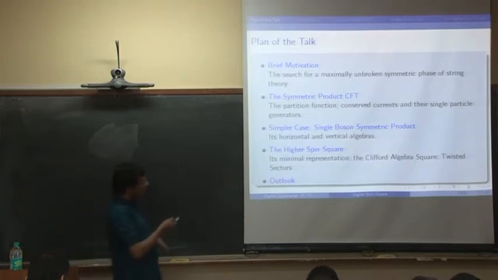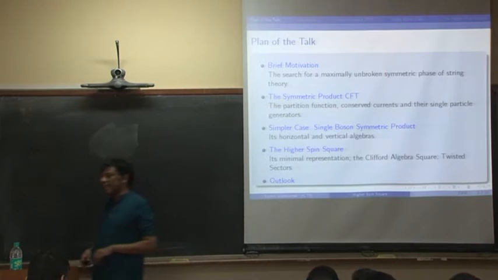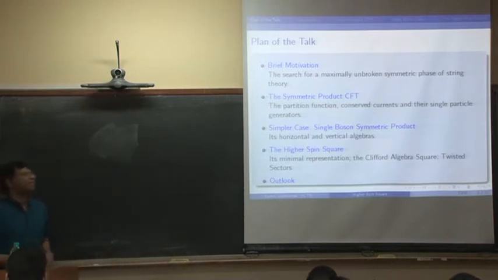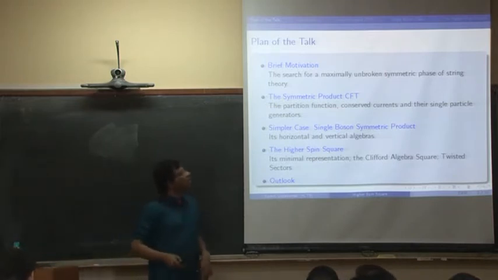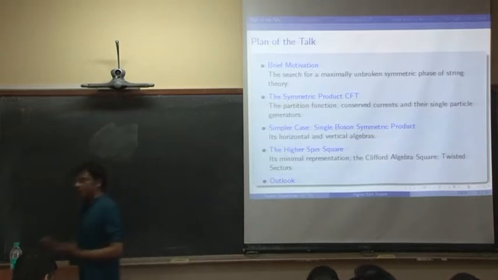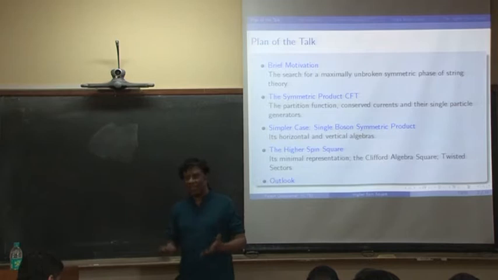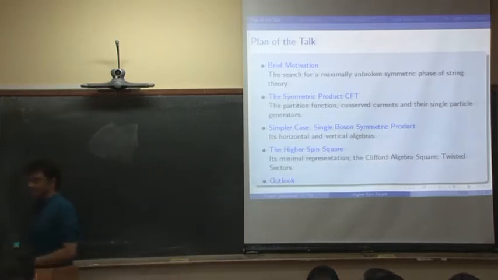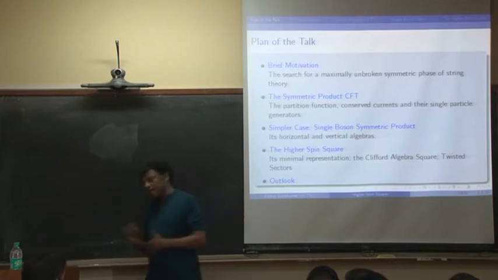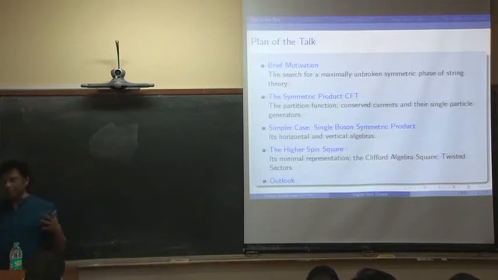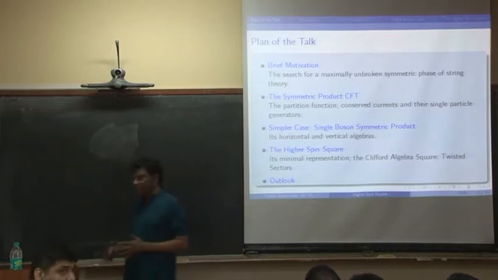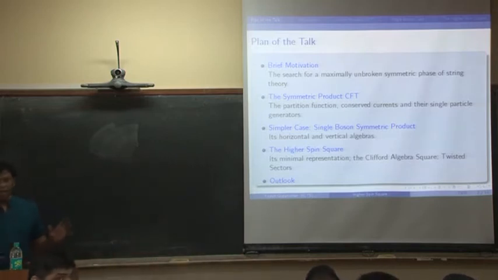With that motivation, I'll go to a specific example where we will see a large unbroken symmetry, and the rest of the talk will be in trying to characterize that symmetry and some of its consequences. This will be in the context of a particular description of a string background in terms of a two-dimensional CFT known as the symmetric product CFT.